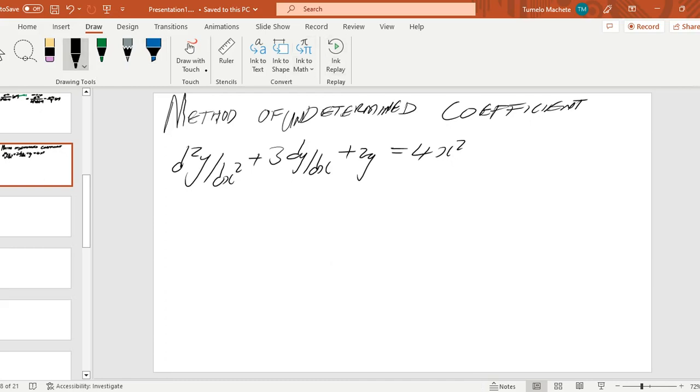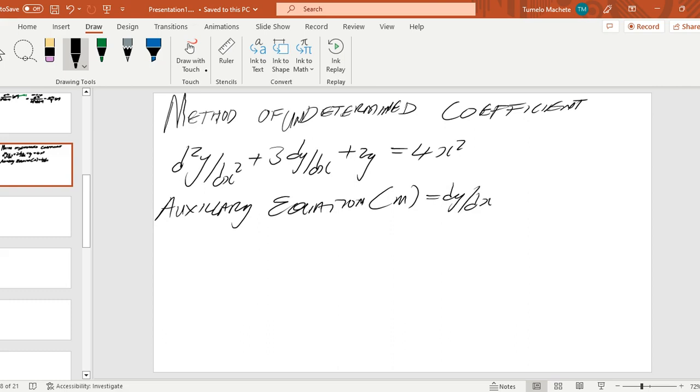The first thing you need to do is to find the factors. This step is called the auxiliary equation. You have to change everything to m. Where there is dy over dx, you replace it with m.